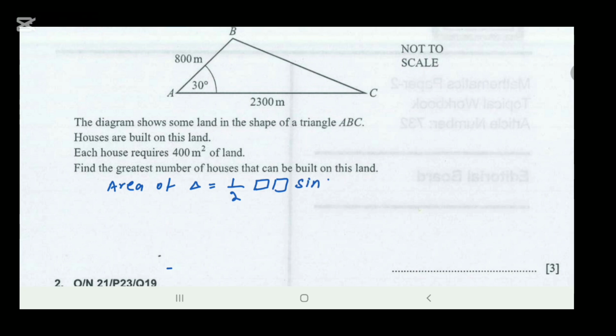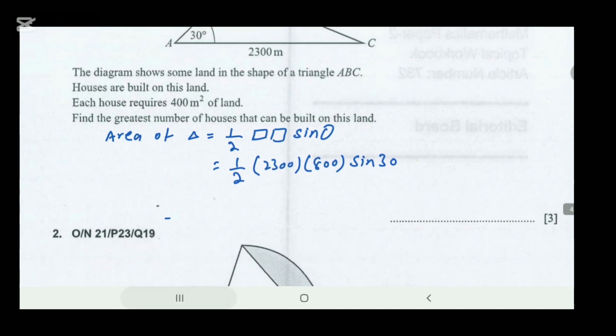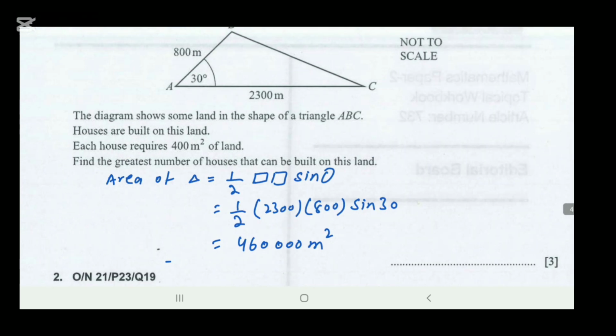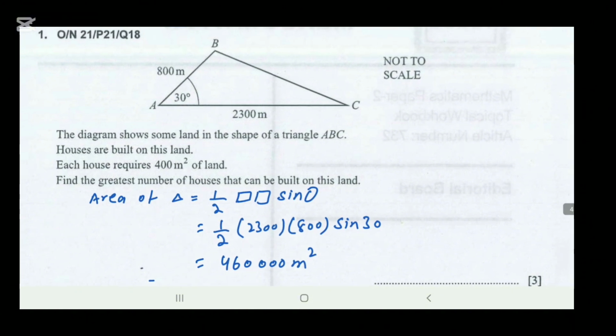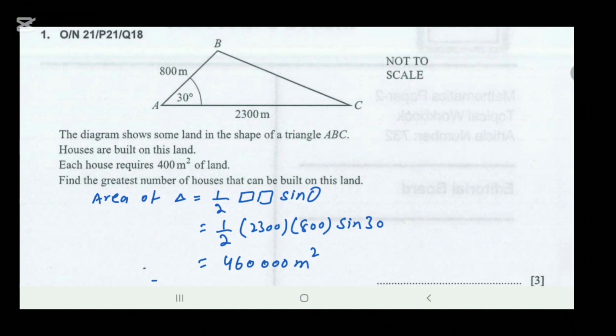1 over 2 ab sine C. 1 over 2, neighboring sides of the angle are 2300 and 800, then sine 30. If you put it in calculator you will get this one. So you will get the answer. After that, number of houses.